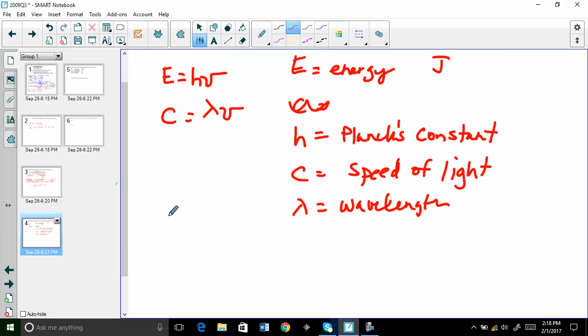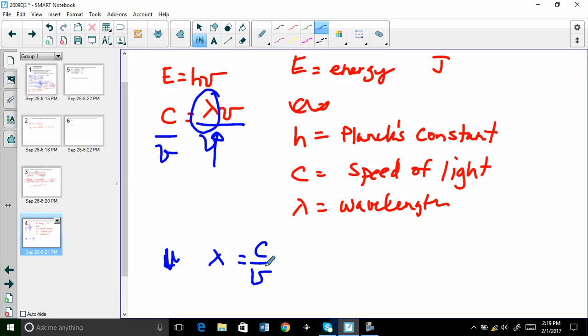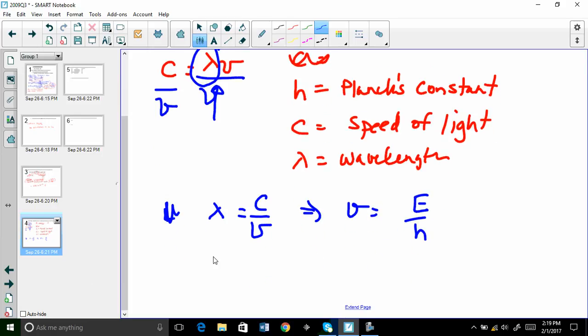Now, what makes this problem particularly difficult is you have to do a lot of algebra, because we're looking for wavelength. So the first thing, let's take this equation right here and solve for wavelength. Wavelength would be C over nu, right? Because to get wavelength alone, you divide by C. But then if I go up to this equation, nu is equal to E over H. So now lambda is equal to C over E over H, which you can't have, so we don't do this.